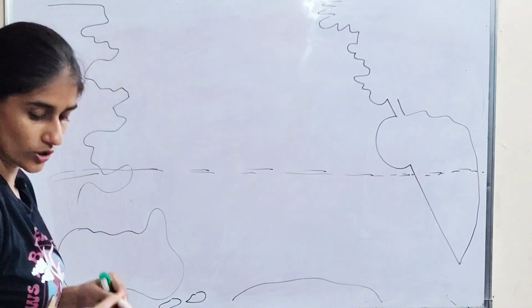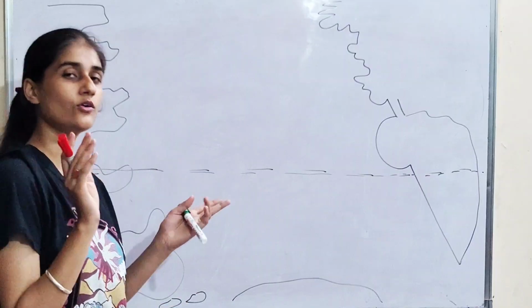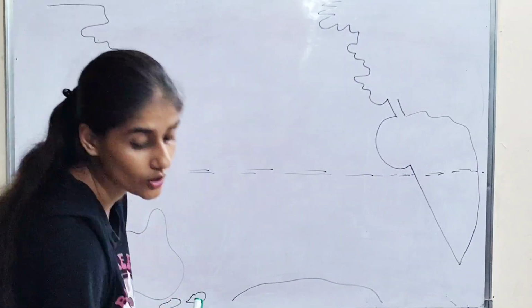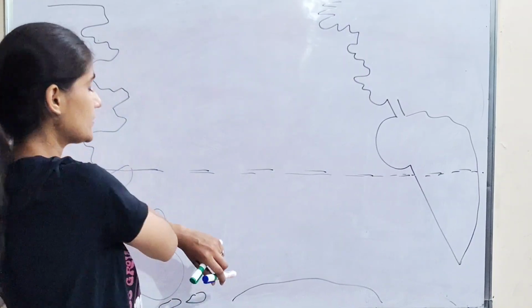Again, with red marker we'll draw warm oceanic currents and with blue marker cold oceanic currents.